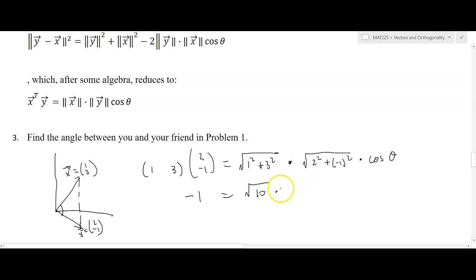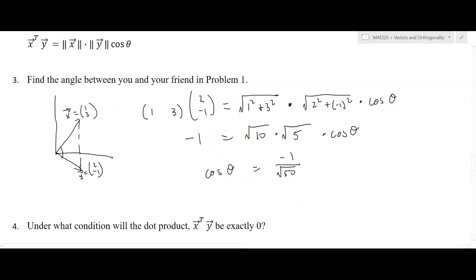This will come out to the square root of 5 times cosine of theta. And now if we divide both sides by the square root of 10 times the square root of 5, we get negative 1 over the square root of 50. You can multiply the radicands together, and now theta will be the inverse cosine of negative 1 over the square root of 50.